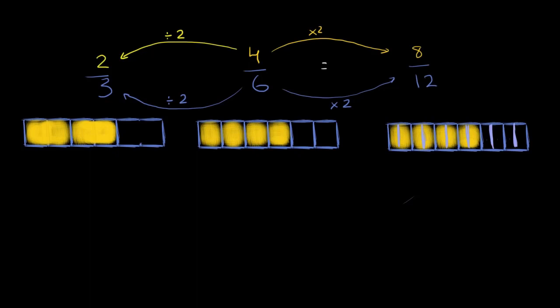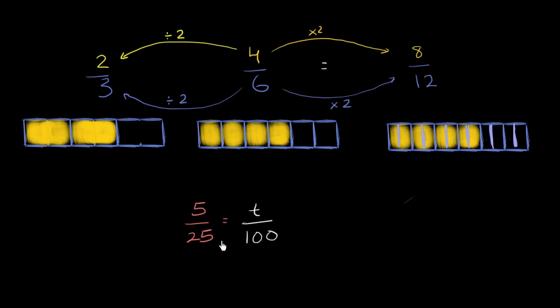Let's think about if someone says, okay, I have 5 over 25, and I want to write that as some value. Let's call that value t, over 100. What would t be?